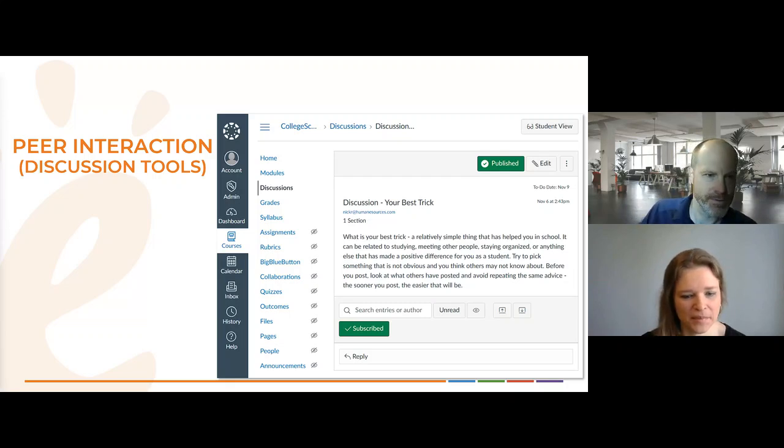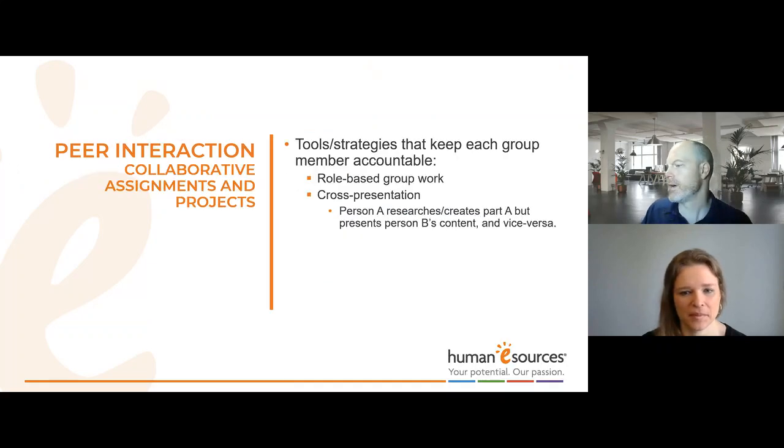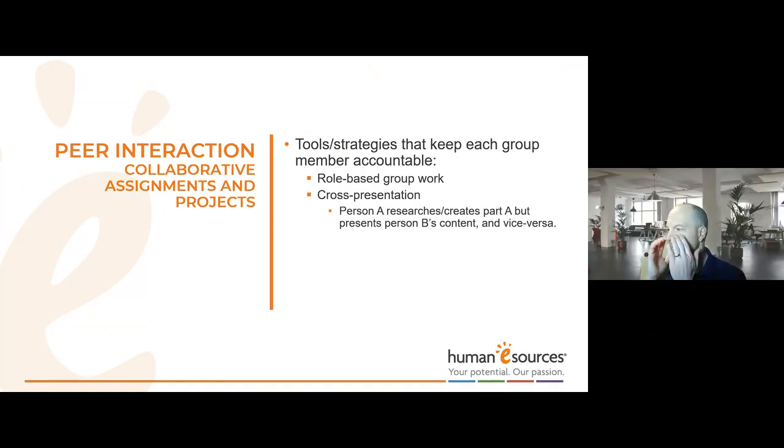Okay, I'll keep moving forward here. Some more tools and strategies to keep peer interaction going is to provide roles to students. So if you set up, let's say, a subgroup of students, let's put you guys into a group of five for this discussion, and you give them roles: someone is the reporter, someone is a recorder, someone looks up the source or is a fact checker. That'd be a great role to have in a discussion type group.